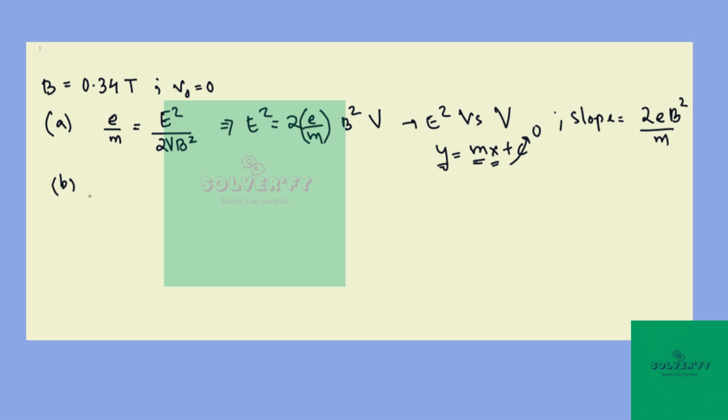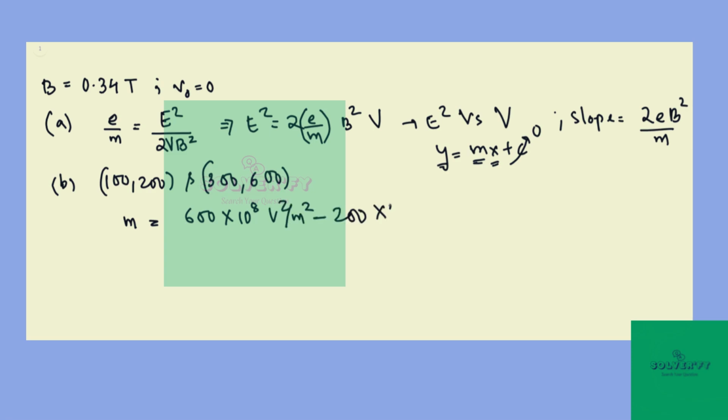For part B, we can find the slope using two easily read points on the graph. So using the points (100, 200) and (300, 600), let's call the slope m, which equals 600 times 10 to the power 8 V²/m² minus 200 times 10 to the power 8 V²/m².